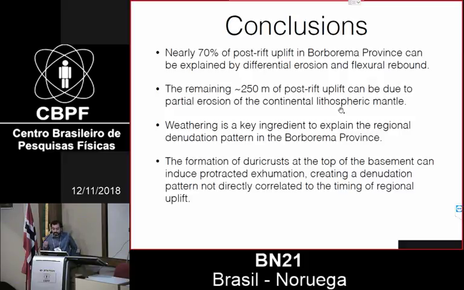Weathering is a key ingredient to explain the regional denudation pattern in the Borborema province, and the formation of dairy crusts at the top of the basement can induce protracted exhumation, creating a denudation pattern not directly correlated to the timing of regional uplift. Thank you very much.